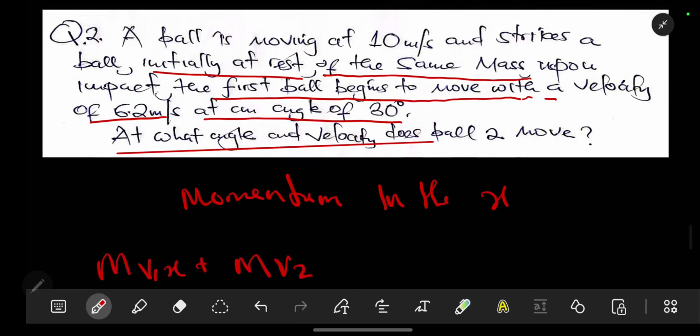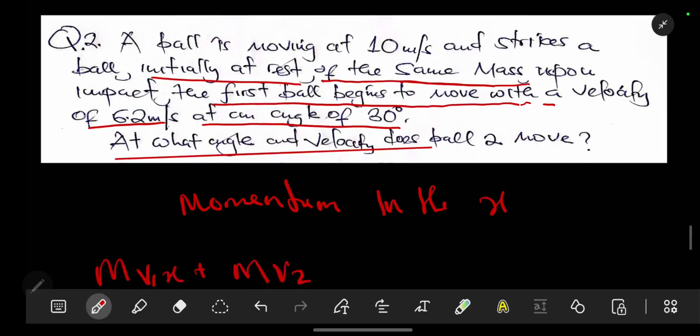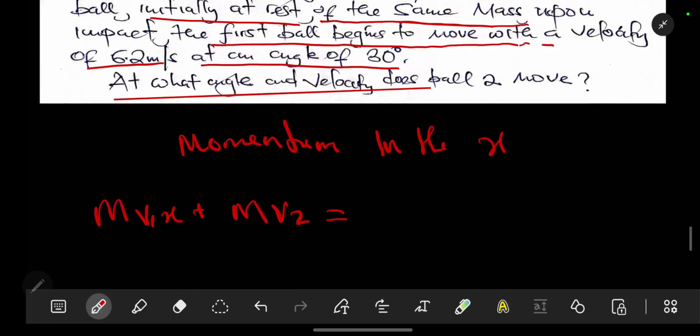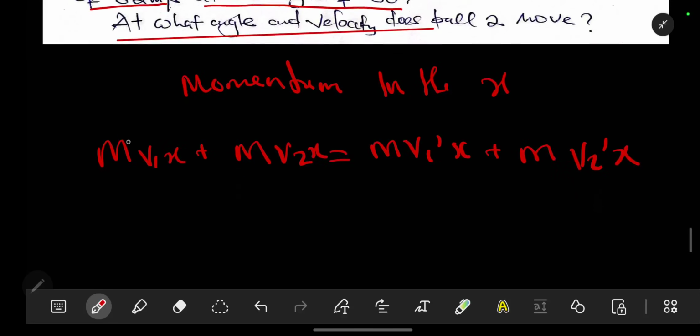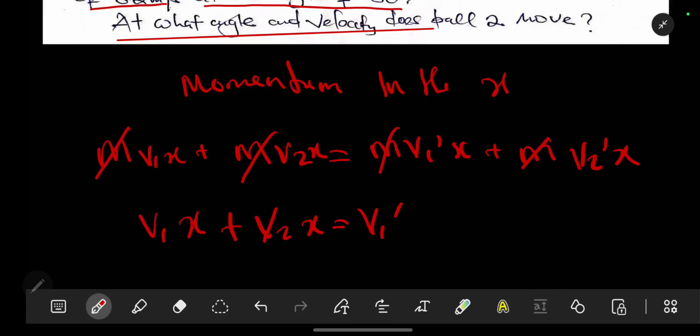Remember, m1 is equal to m2, the same mass, should be equal to m v1 cap x plus m v2 cap x, like that. So we can cancel out the m throughout, so that we have v1 x plus v2 x should be equal to v1 cap x plus v2 cap x.